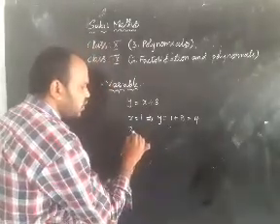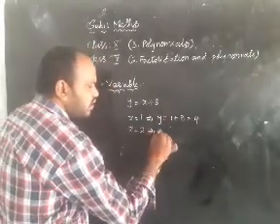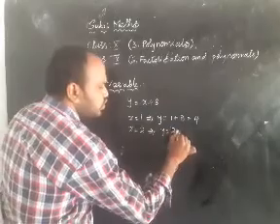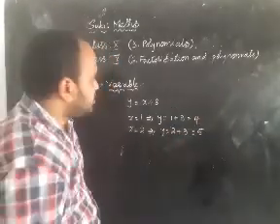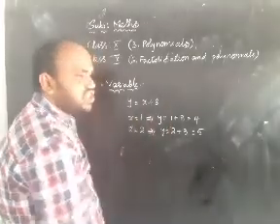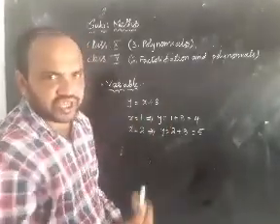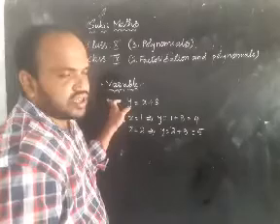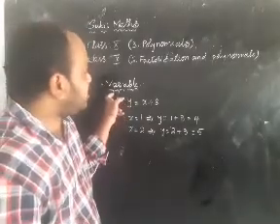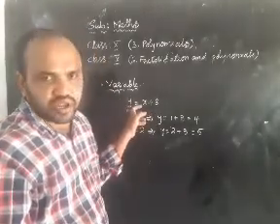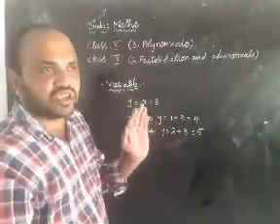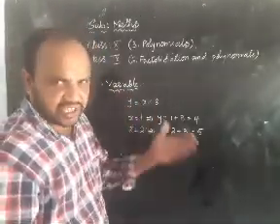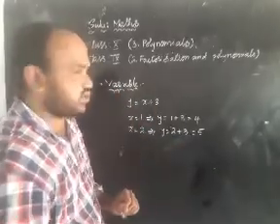If x is equal to 2, then y is equal to 2 plus 3, which is 5. As x values are changing, y values are changing. For variables we use alphabets, and the value won't remain constant. It will change. So that is a variable.